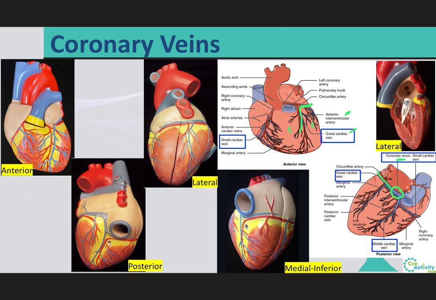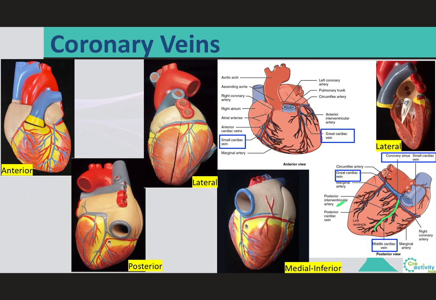Now, the coronary sinus is where the blood from all the veins will meet to then drain into the right atrium, into that opening of the coronary sinus that we talked about earlier. The next that you need to know is the middle cardiac vein, which will run parallel to the posterior interventricular artery.